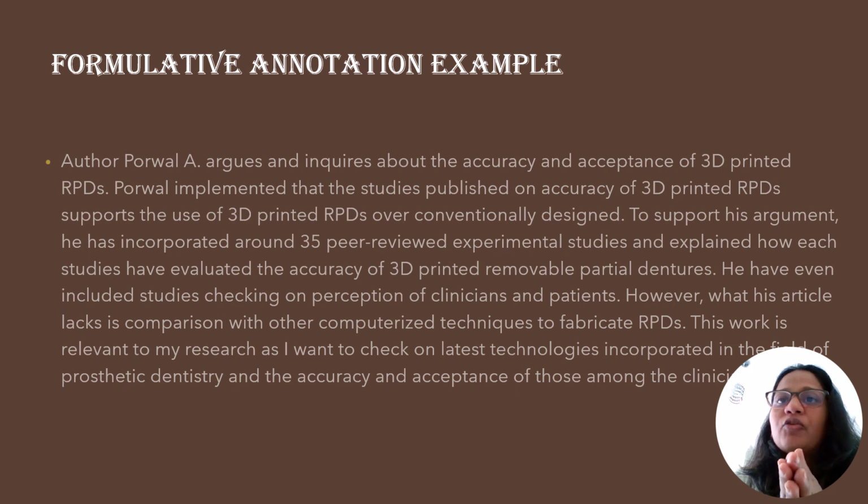To support his argument, he has done a scoping review where he included 35 peer-reviewed experimental studies and explained how the studies have checked the accuracy of this 3D printed article.